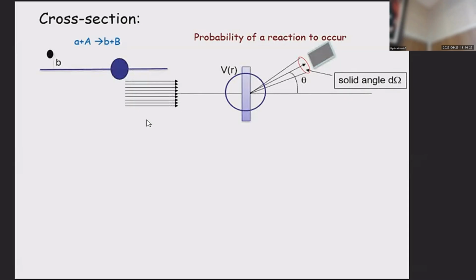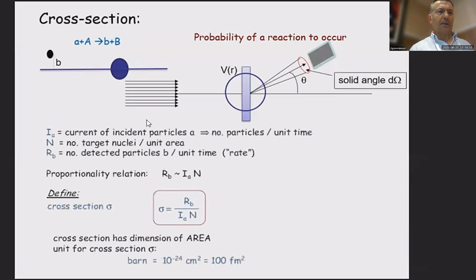In theory, we consider the projectile as a plane wave coming to the field. The target is called a potential field. Therefore, the interaction of this and this are the same. Therefore, cross-section is like a probability of a reaction to take place or to occur.